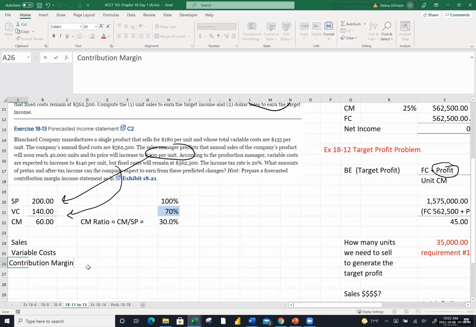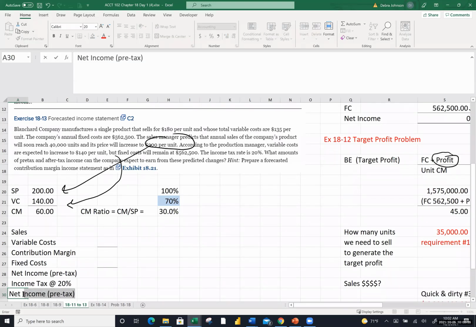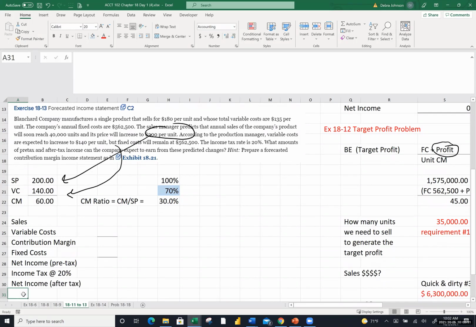We've done 2 out of the 3 so far. I'll take out my fixed costs, and that will give me net income before tax, what your book calls pre-tax. And let me put some total lines in here so you'll understand what it is that we're calculating. Then he gave me an income tax rate at 20%. And so this will give us net income post or after tax.